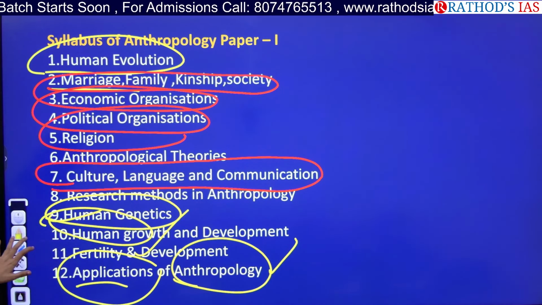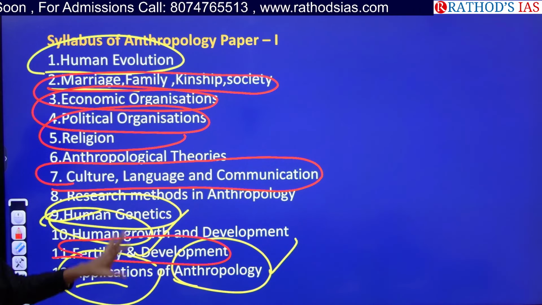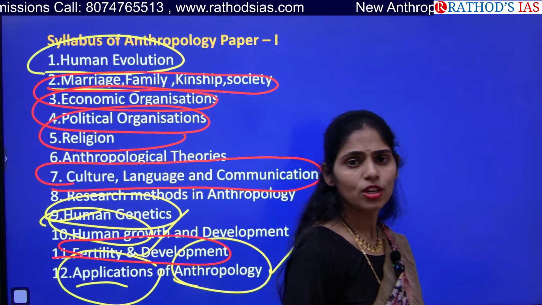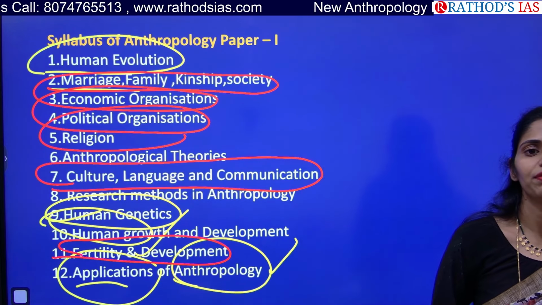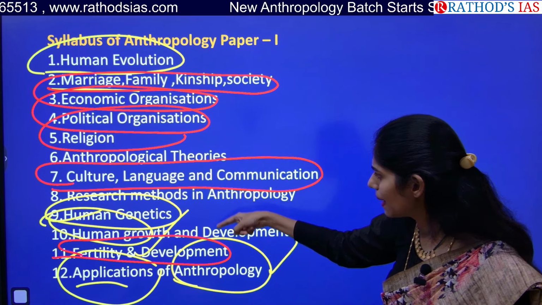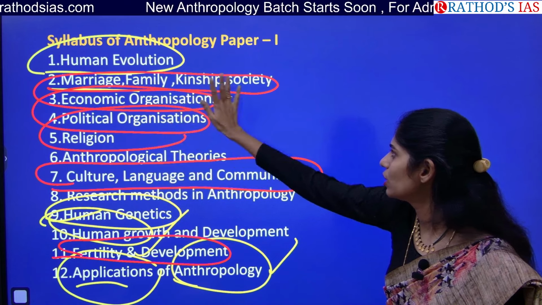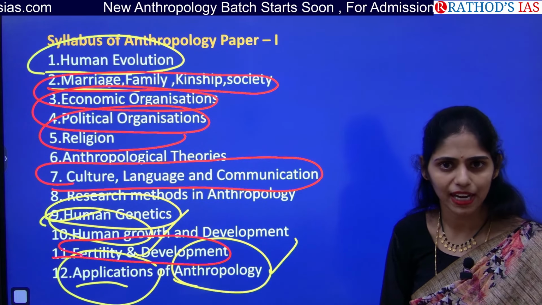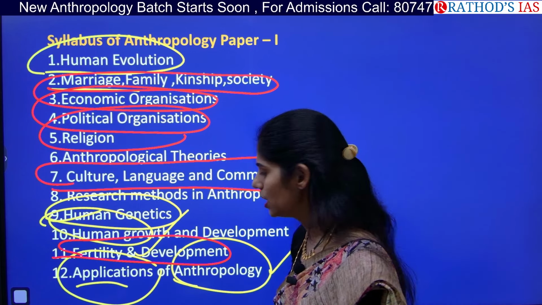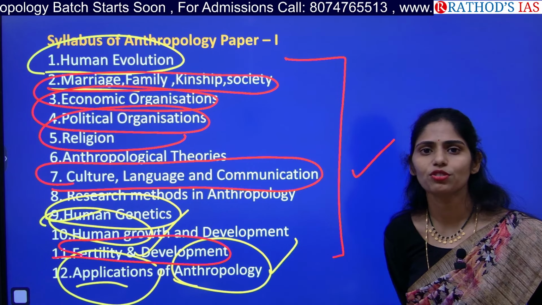And even fertility and development is also socio-cultural anthropology. So can you see the biology element? Very less, guys. If any one of you has a fear of learning biology in anthropology, you can see the red color part is entirely socio-cultural anthropology. Only the human genetics and human evolution part you will be learning as biology. It is not that difficult to remember. Okay. So this is in detail your paper 1 syllabus of anthropology.